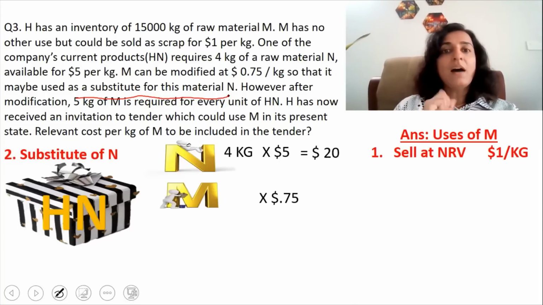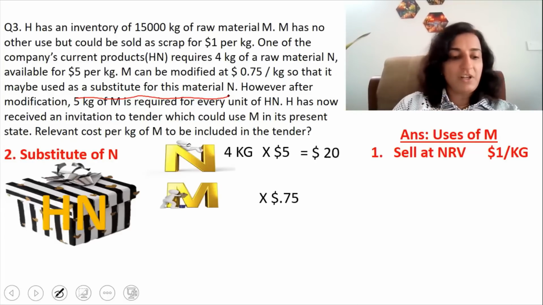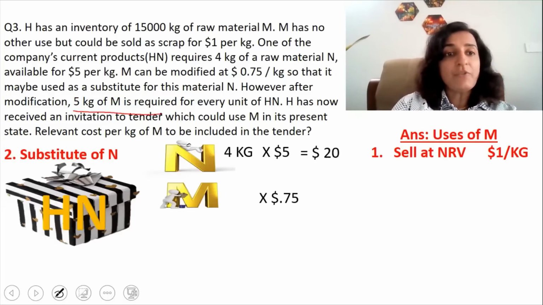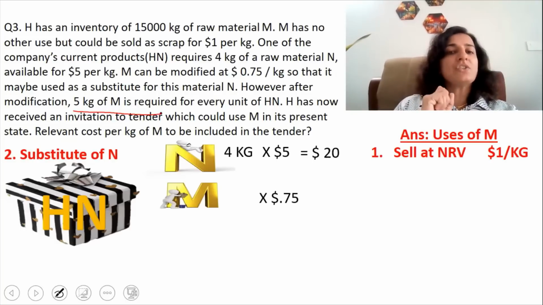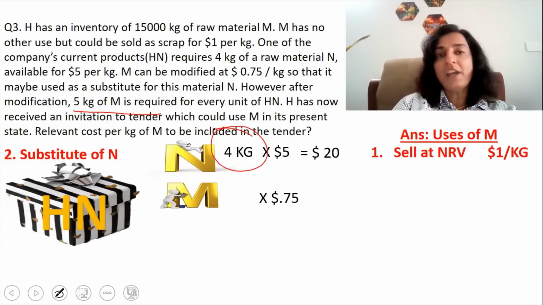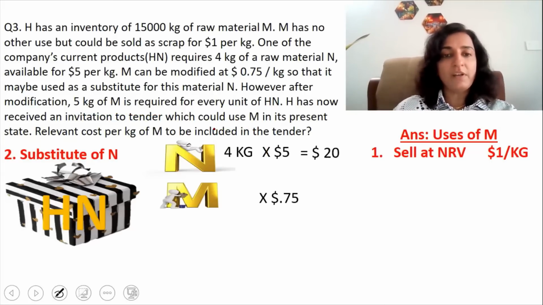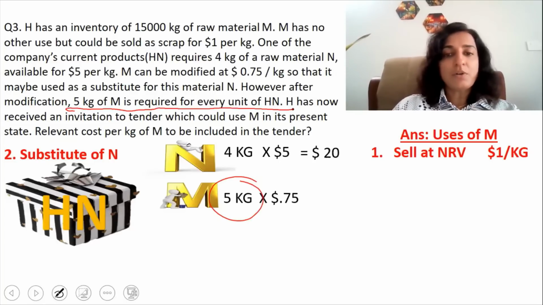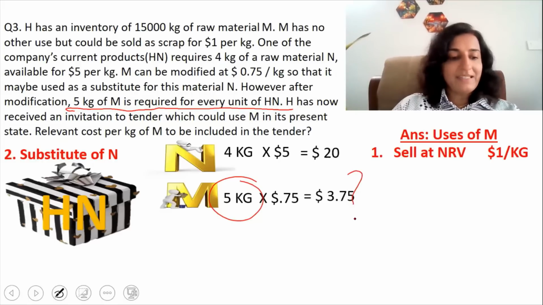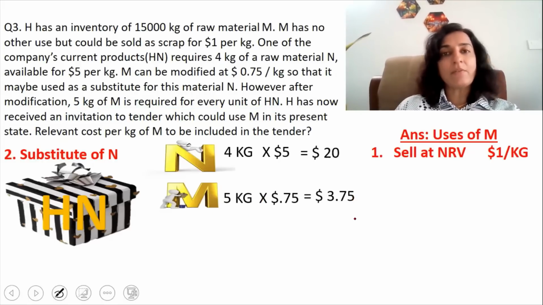Now, however, after modification, 5 kg of M is required. This is the catch. For N, only 4 kg was required, but for M, 5 kg is required. So I will just make a note of it. M requires 5 kg. So what is the amount coming to? The amount is 5 into 0.75, or 3.75.